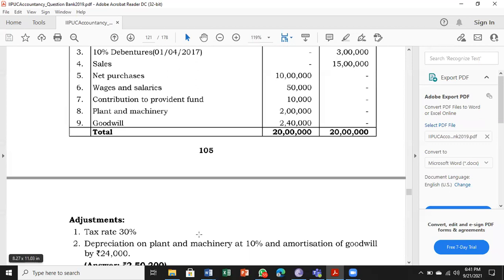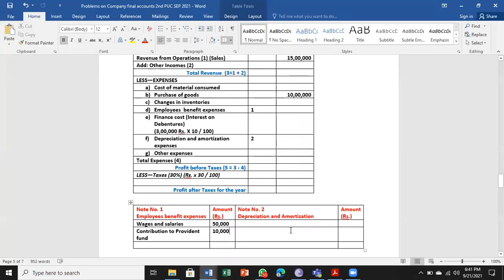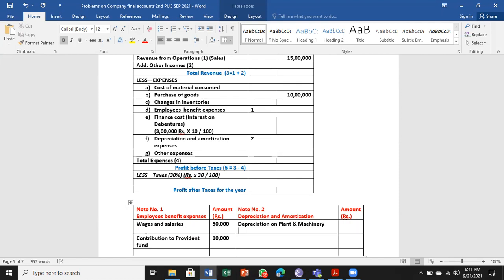Next is depreciation on plant and machinery at 10%. Plant and machinery value we have here 2 lakh rupees. On that amount we need to calculate 10% over here. So that will be another note number 2. Depreciation on plant and machinery.